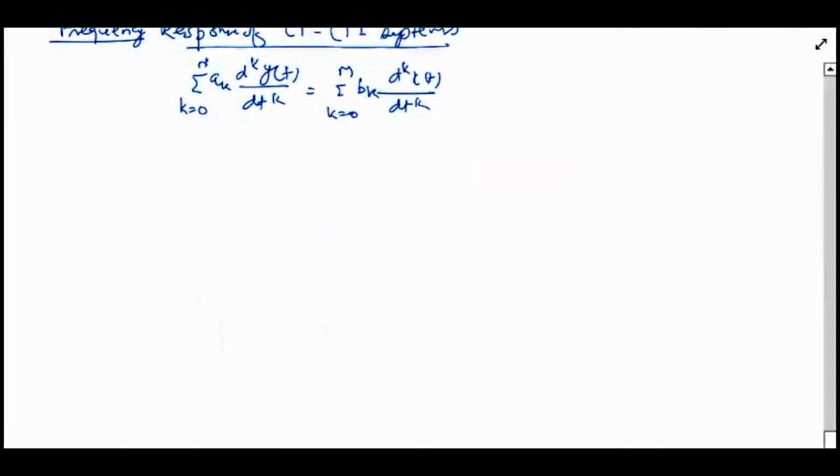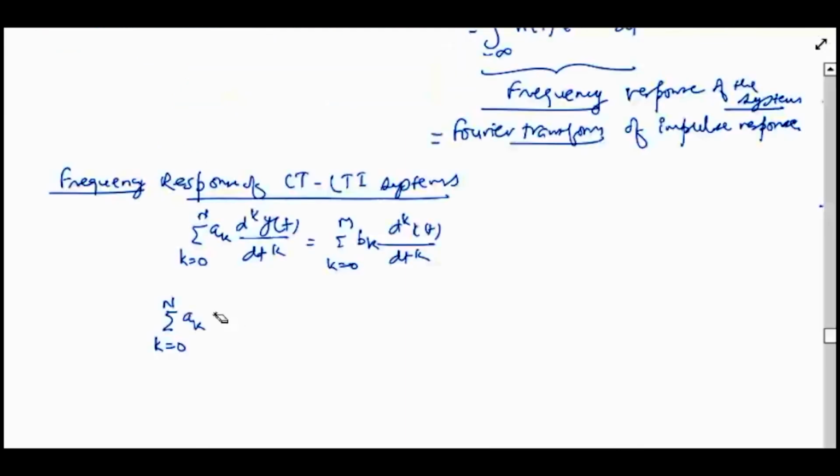If we use the derivative property, we can write the Fourier transform of both the sides as follows: the sum from k equals 0 to N of a_k (j omega)^k Y(omega) equals the sum from k equals 0 to M of b_k (j omega)^k X(omega).